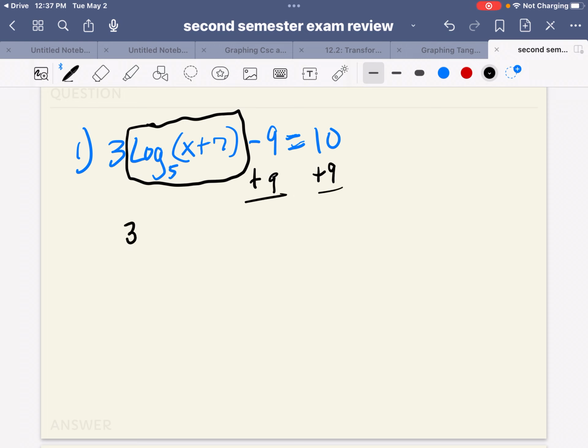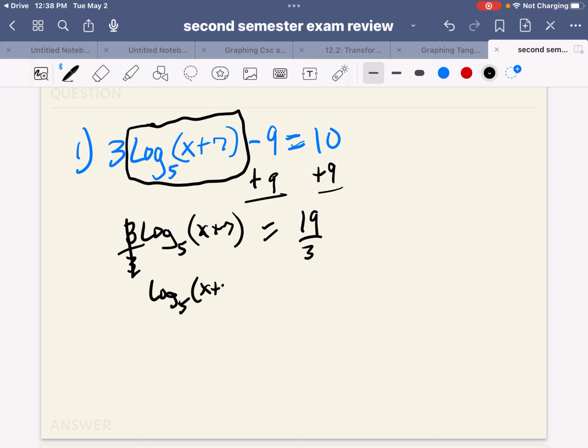So now I have 3 times log base 5 of x plus 7 equals 19. I need to divide both sides by 3. So those 3's cancel out, and I have log base 5 of x plus 7 equals 19/3, which is like 6.3 repeating.